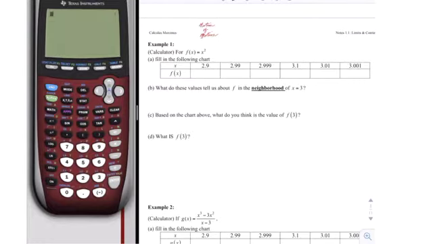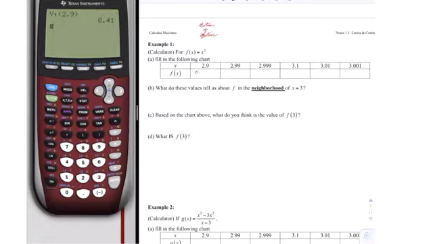In order to fill this out, you don't want to go to the table because the table generates them for random values, although you could set it to input on independent variable. But I want you to get in the habit of doing it from the home screen because that's where we're going to be doing it.